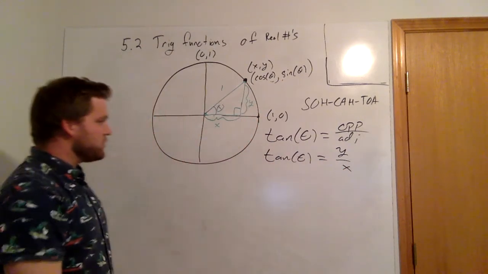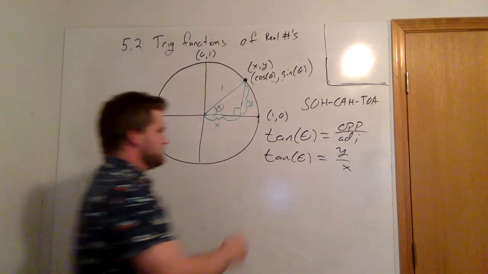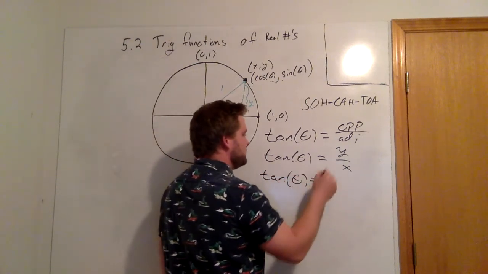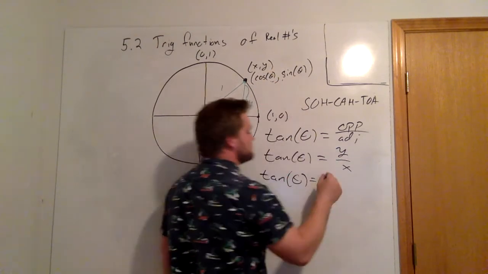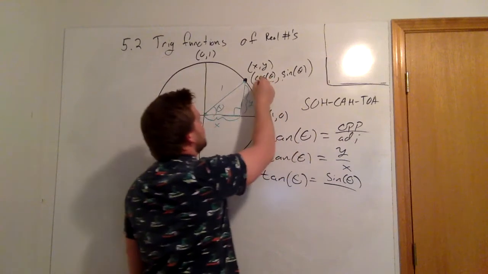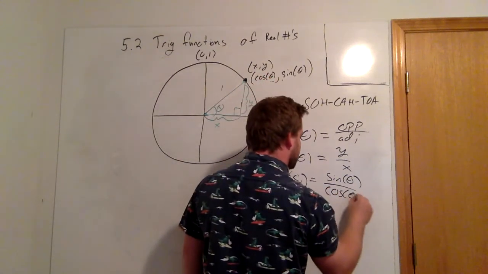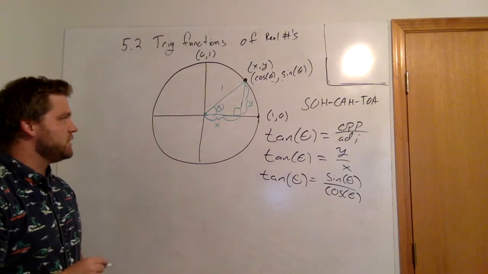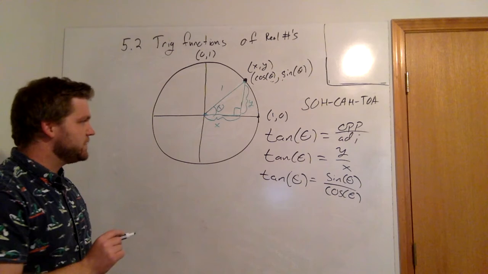So we've come to one of our first trig identities. Tangent is equivalent to y over x, but y we just discovered is the same thing as sine of theta, and our x-coordinate we discovered is the same thing as cosine of theta. So tangent is the same as sine divided by cosine.